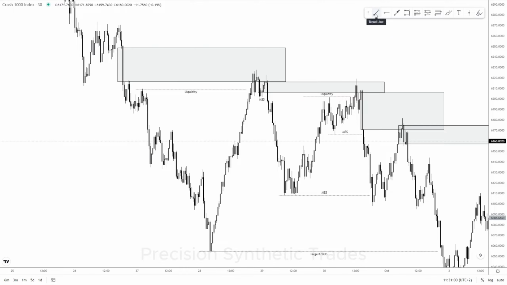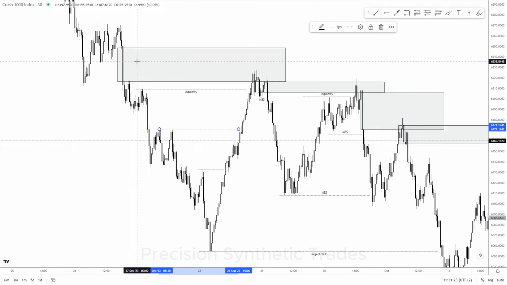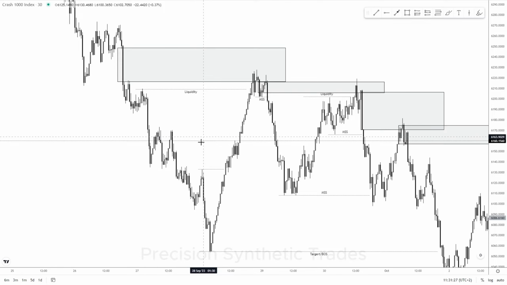What's a good indication for me of this price leg moving up is there's liquidity just before we are going to enter the fair value gap, and that gives me confirmation that price will react from the fair value gap.